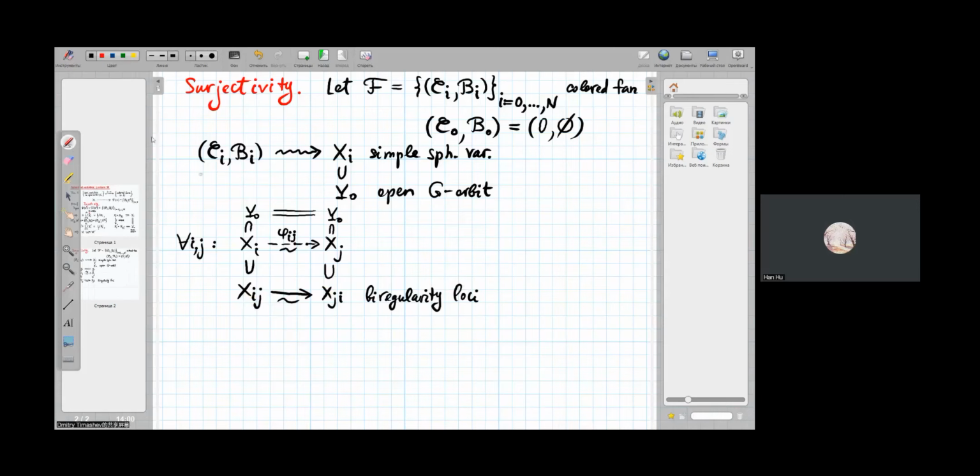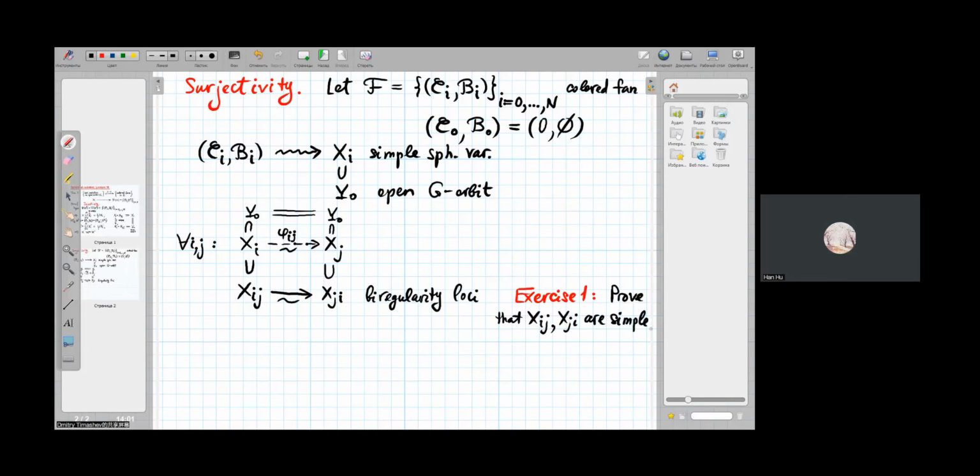So let me leave it as an exercise for you. Exercise 1. Prove that Xij and Xji are simple spherical varieties.